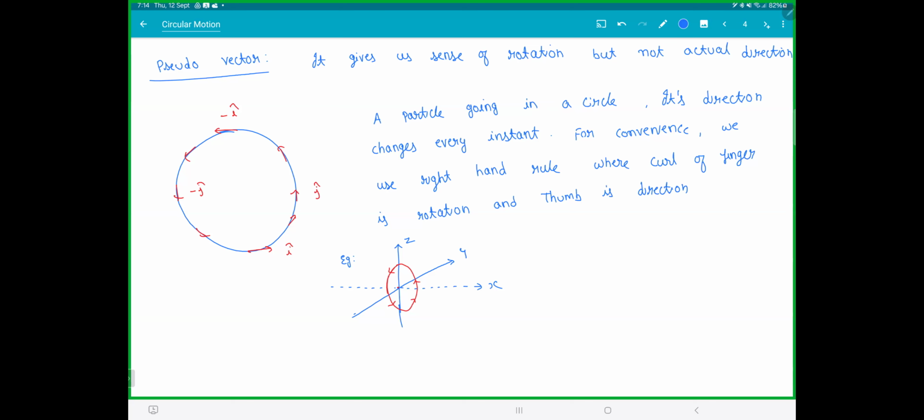This is X and this is Y. So this is a circle in the YZ plane. Can you tell me what will be the direction? The particle is going in a YZ plane.